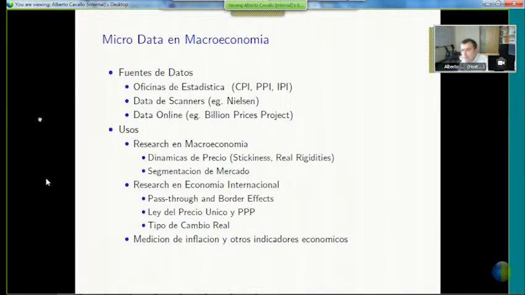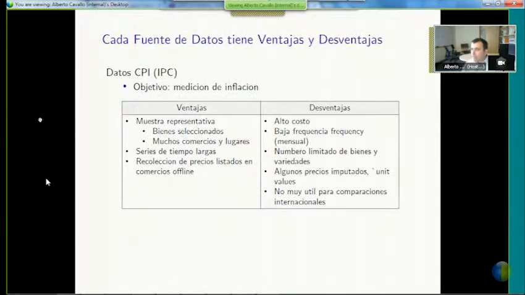But it can also be used to measure other economic indicators, including inflation, which is what I will speak of today. Before I speak, I think it's important to understand that these data sources have different advantages and disadvantages, which is the first step to understanding what they're good for.